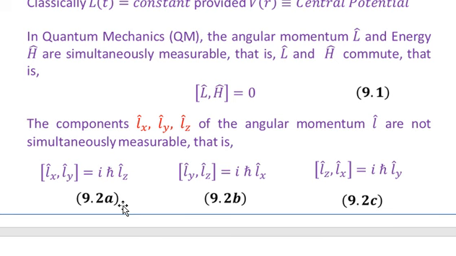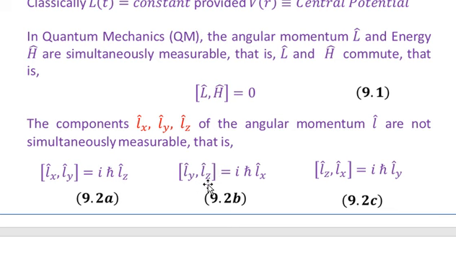In 9.2a, we have the commutator of Lx and Ly, which is equal to iota h bar times Lz. Next, in equation number 9.2b, we have the commutator of Ly and Lz, that is equal to iota h bar Lx. And in equation number 9.2c, I have the commutator of Lz and Lx, which is equal to iota h bar times Ly.